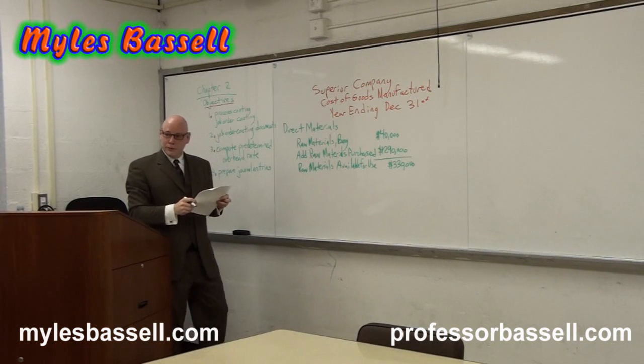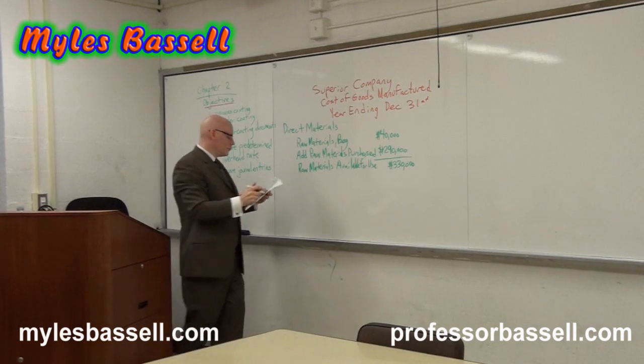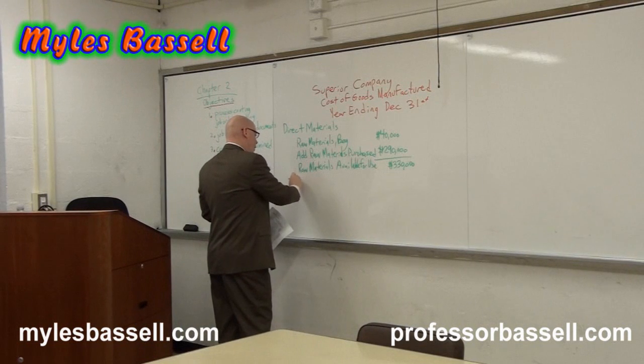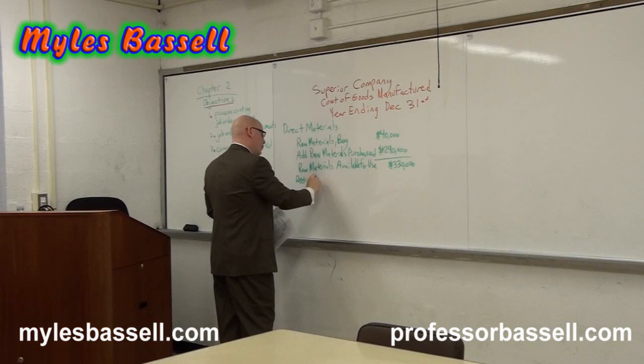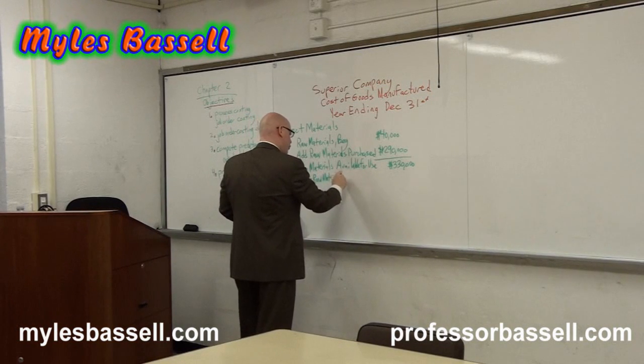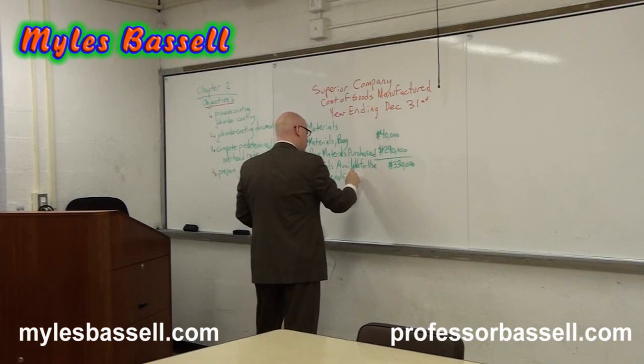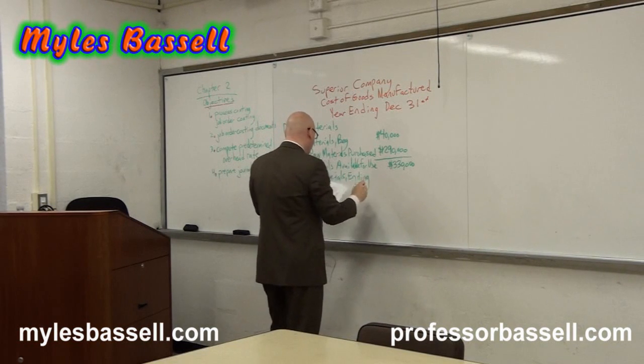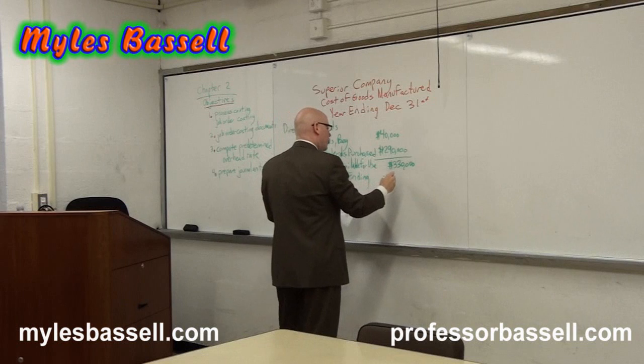Now what do we do? We deduct raw materials at the end of the period, right, ending inventory, which they tell us is how much? 10,000.